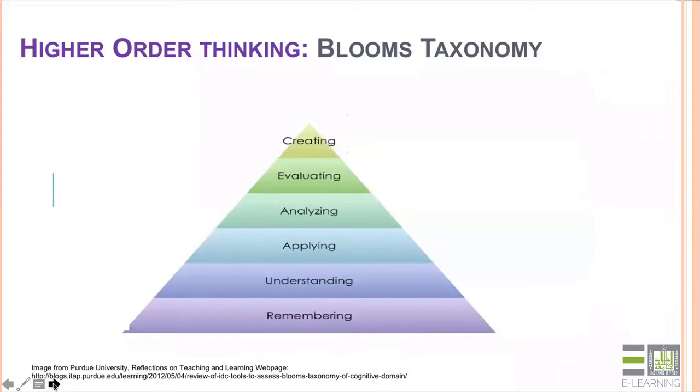So I've got Bloom's taxonomy presented in this pyramid here. And we've got the levels from the lowest level all the way up to the highest level. Now, the exam questions should be aligned with learning objectives.